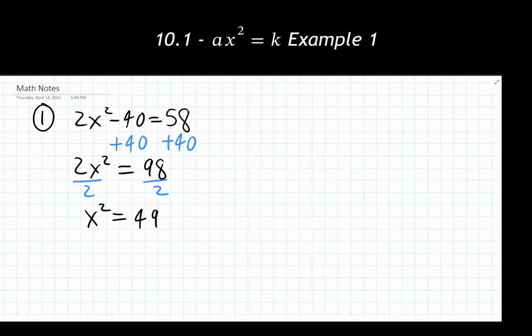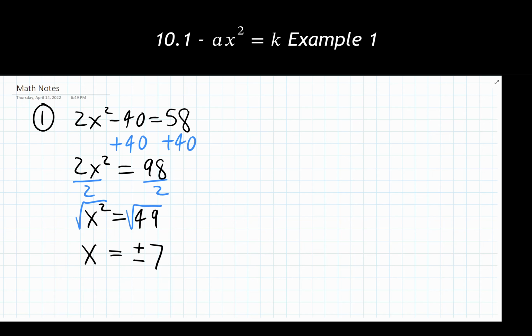At this point in time, because I have the squared thing all by itself, I can now take the square root of both sides of this equation. On the left side, I'm going to be left with an x. On the right side, because I took the square root, I need to include both the positive and the negative potential answer.